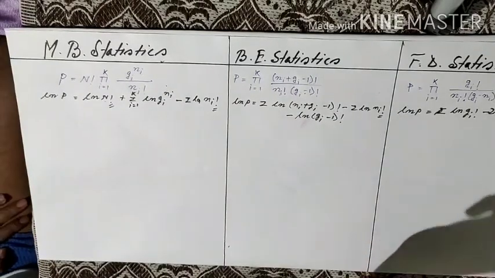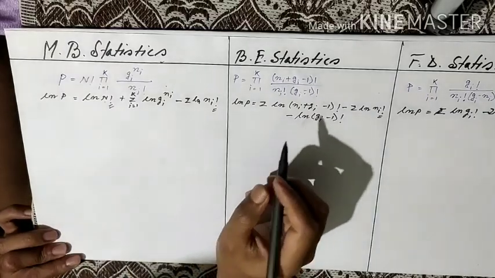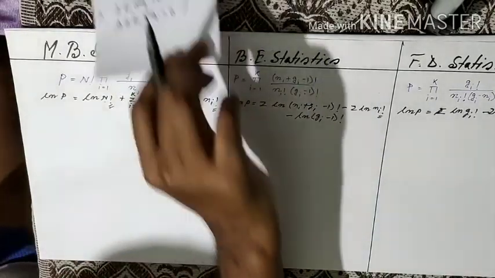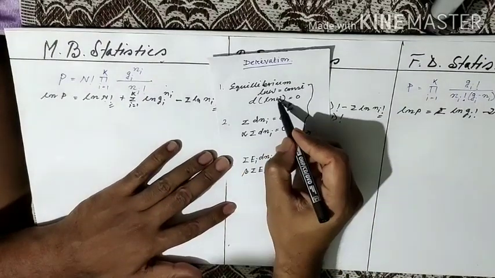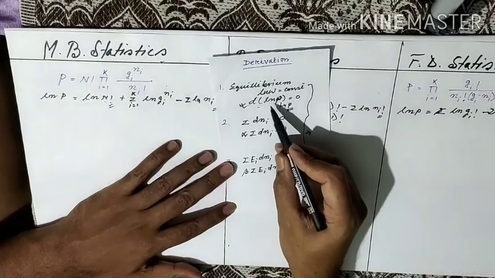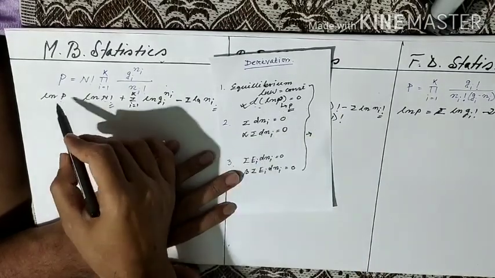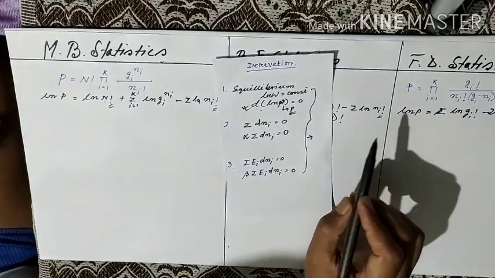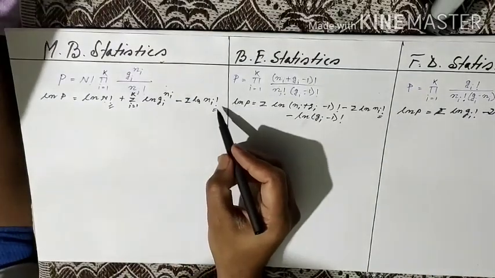So what I will do, we have to use one approximation to remove this factorial sign, because what I require is d ln p equal to 0. First I require this. So for this part I have to differentiate this probability, and to differentiate it I have to remove this factorial sign.